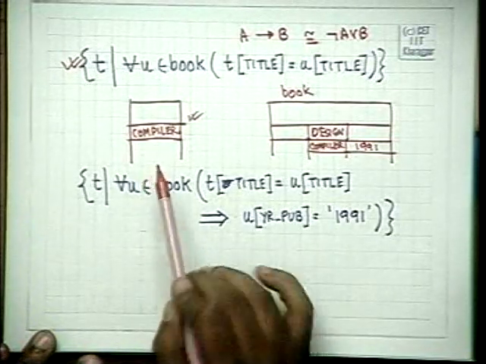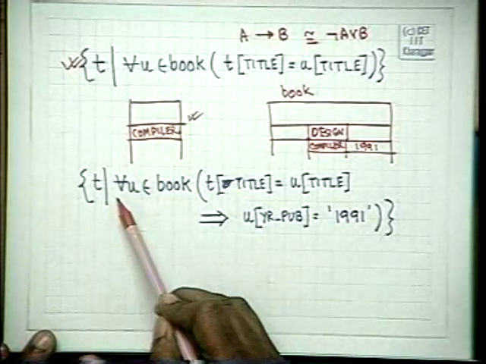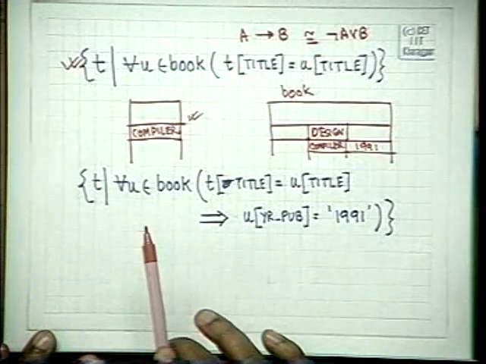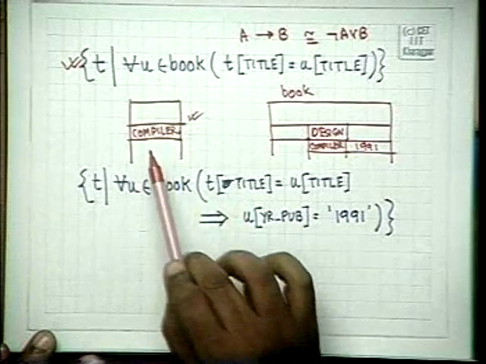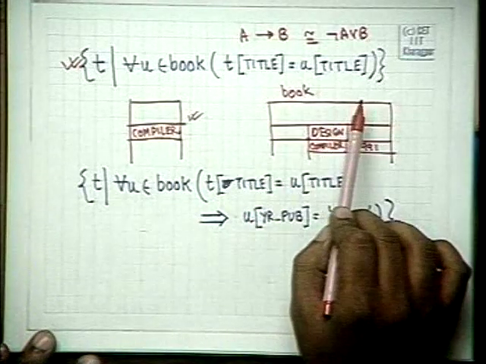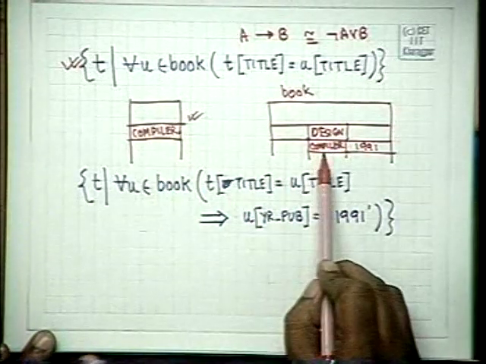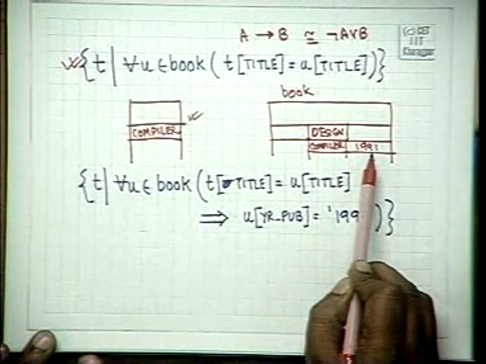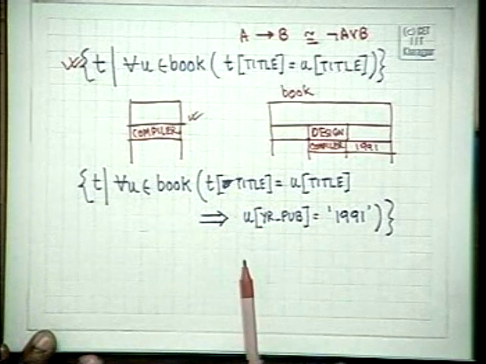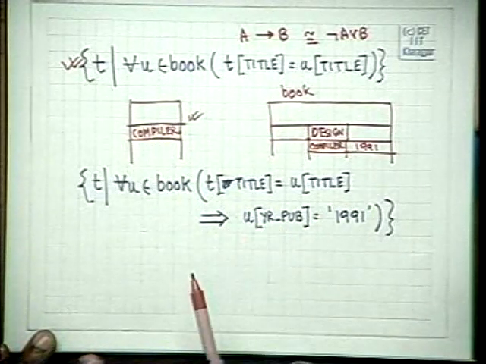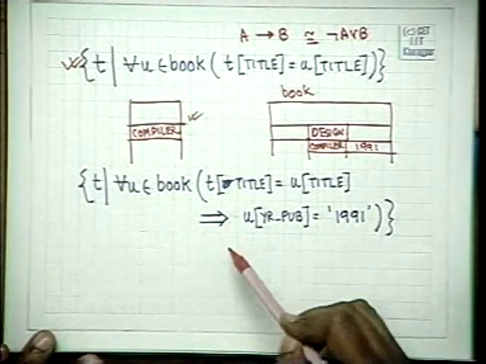For the time being, let us say no, because we are interested in finding tuples in books. We will come to this question a little later. So we are only interested in the relation book, and if compiler design matches, then it must be 1991. That is, we are going to find those books which are published in 1991 and in 1991 only. That is the meaning of this relation.